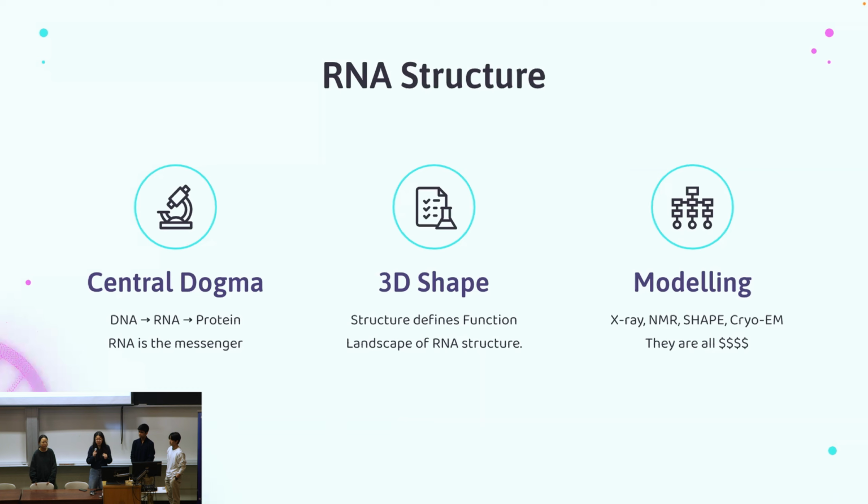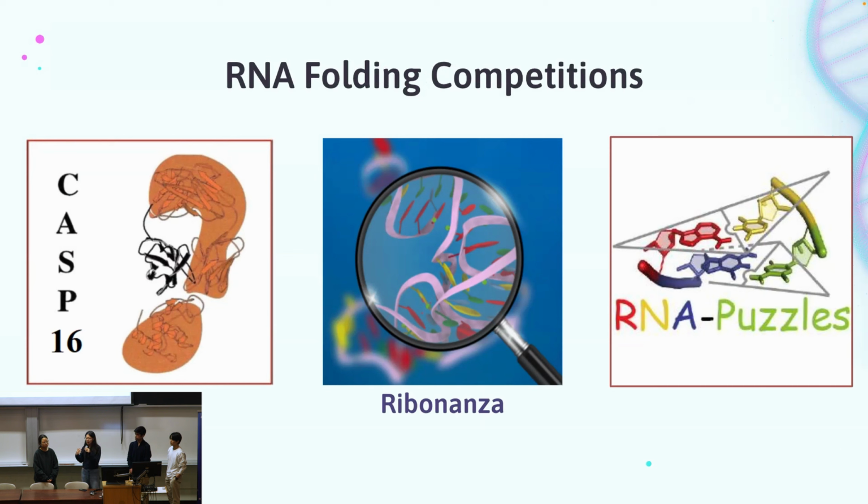To determine one RNA structure, not only do you have to freeze it for X-ray crystallography, but it's really unstable, so it's really hard to maintain an accurate 3D structure. So there are only around 2,000 RNA structures, while for protein we have around 400 million. The problem is how we can use limited data to construct a model that is very useful for the scientific community in general.